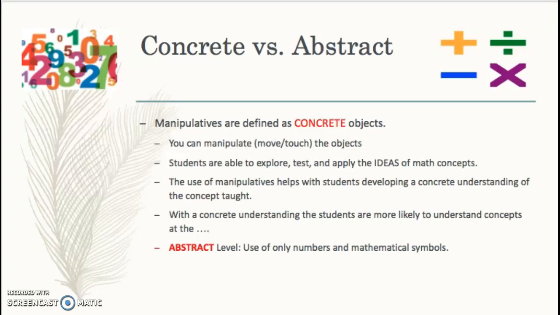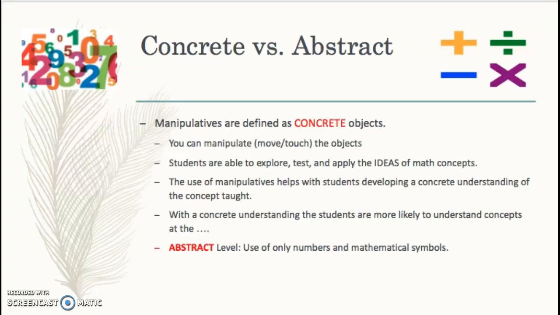Manipulatives are defined as concrete objects. You can manipulate these objects, which means you can move and touch them. Students will use these objects to explore, test, and apply the ideas of the math concepts. The use of these manipulatives will help with developing that concrete understanding of the concept being taught.